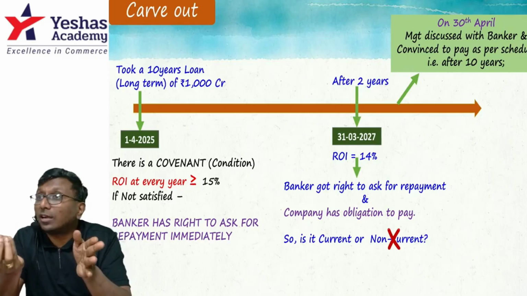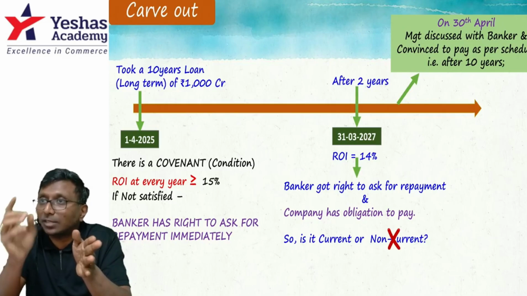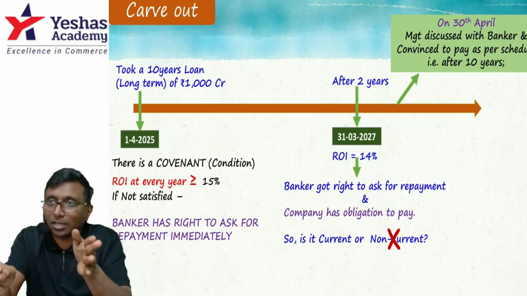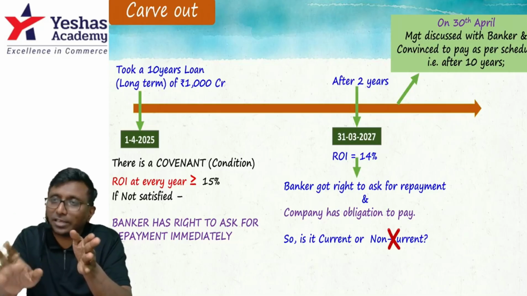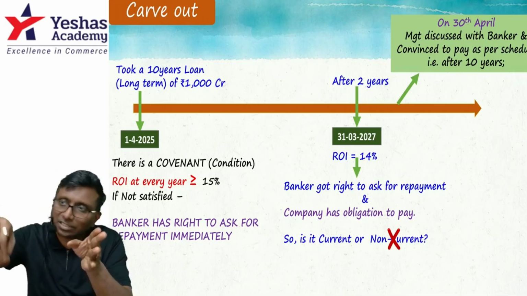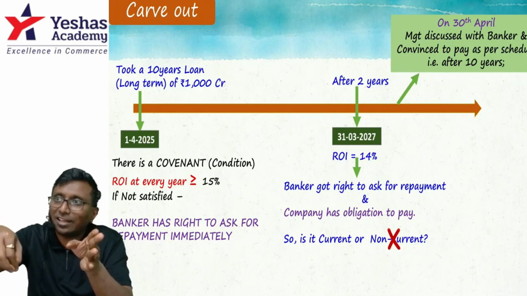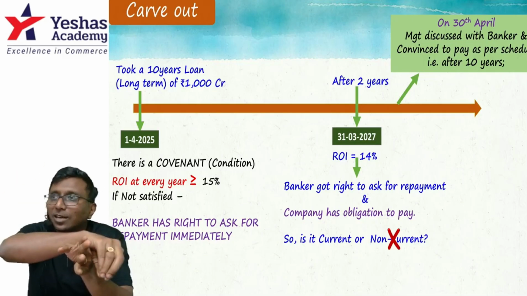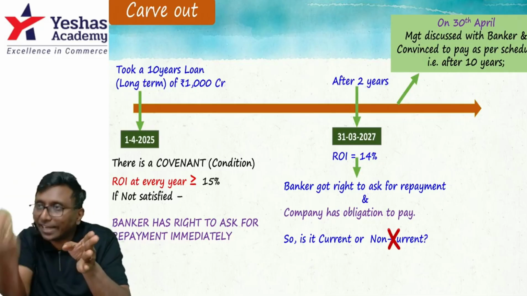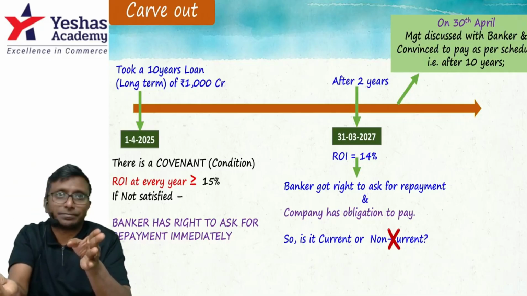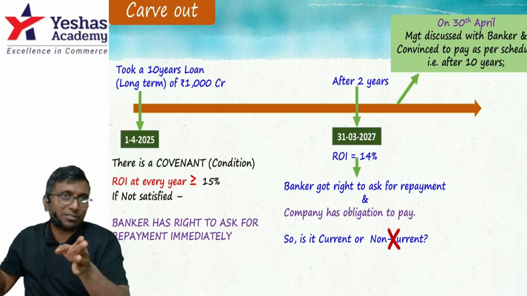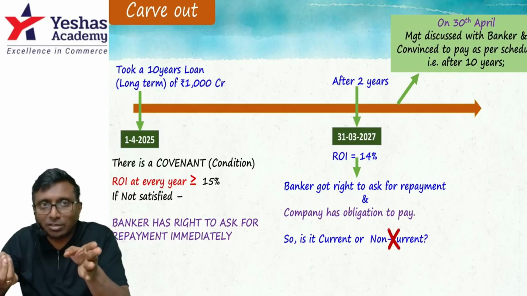When did the banker lose his right? 30th April. Correct? Agree or not? Right. This is nothing related. It is not changing the right of 31st March. He is losing the right on 30th April. Prospectively, he will not ask. I hope you understood.